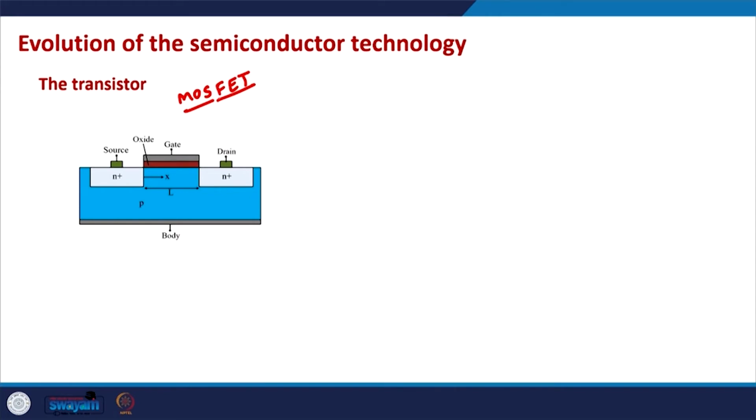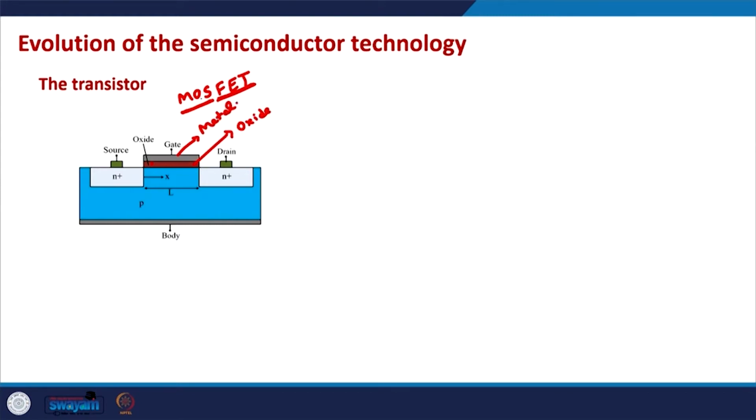The name field effect transistor means that we use an electric field in order to control the voltage or current across the two other terminals of the transistor. Metal oxide semiconductor means that we have a metallic gate. Oxide means just below the metal we have a very thin oxide, although that is not very clear from this picture.